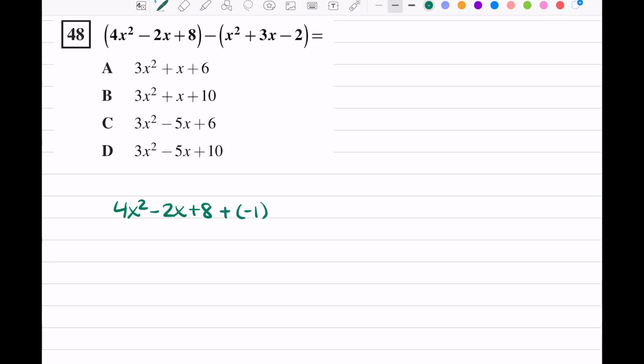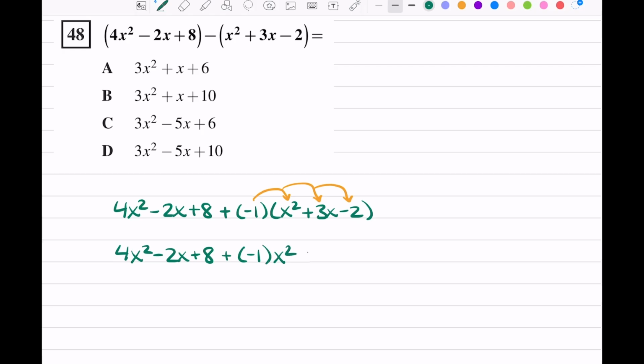So we'll have plus negative 1 times the quantity x squared plus 3x minus 2. And now our next step will be to distribute that negative 1. We'll keep our first polynomial the same. Then we'll have negative 1 times x squared plus negative 1 times 3x minus negative 1 times 2.